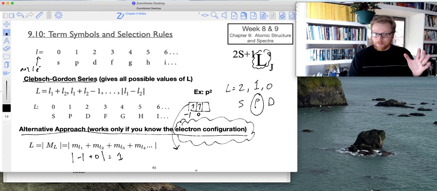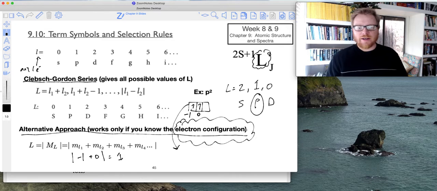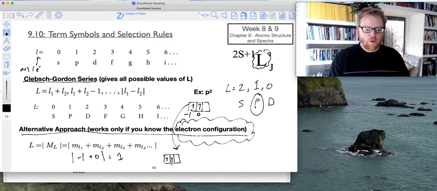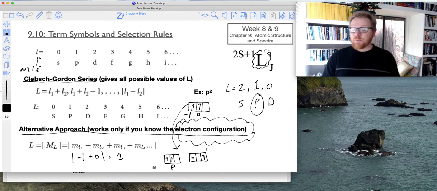All right? So what if the electron configuration, so I'll make a little key here. So if it looks like this, both up and both up, that gives me a P term. All right? Let's go through the other possibilities. What if it looked like this, where we skip a block? And of course, that would be an excited state, right?